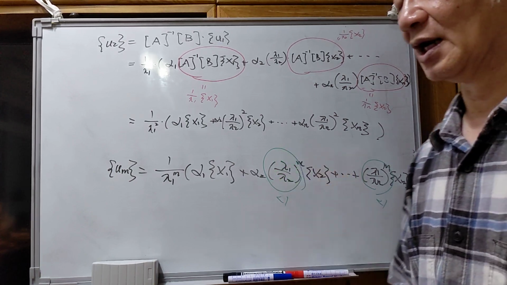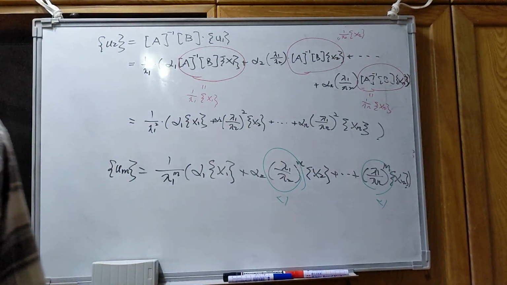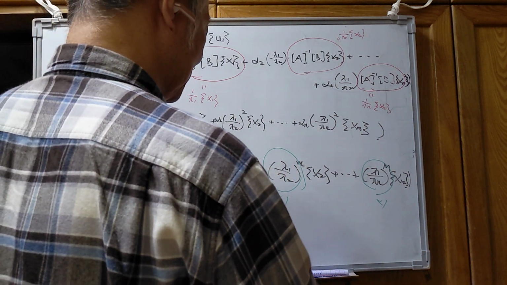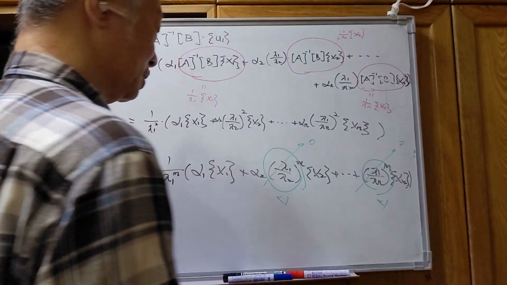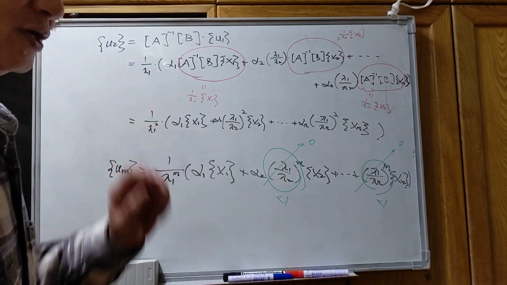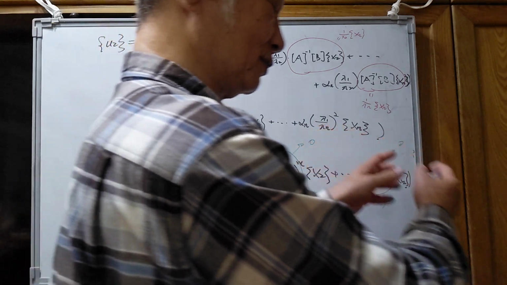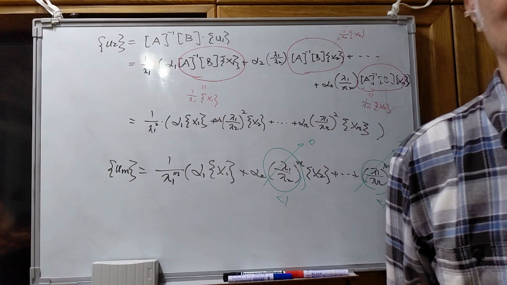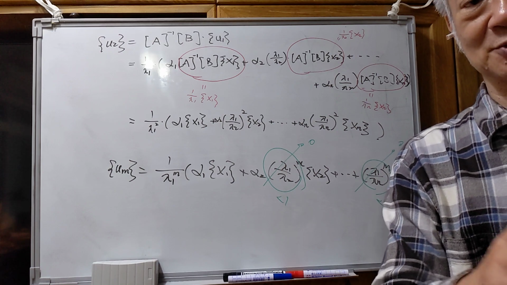Since lambda 1 divided by lambda 2 is always less than 1, after we increase the power, this number approaches 0. Compared to the first term, the second term, the third term, until the nth term will become smaller and smaller.